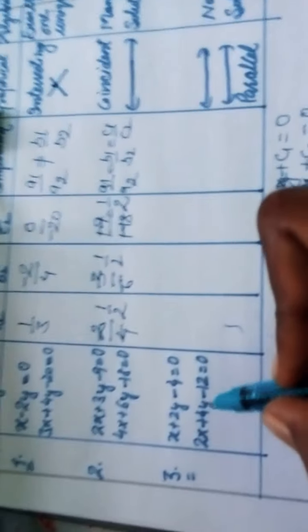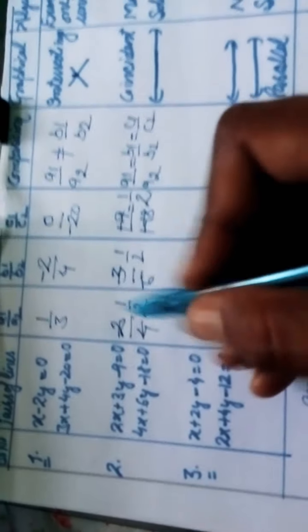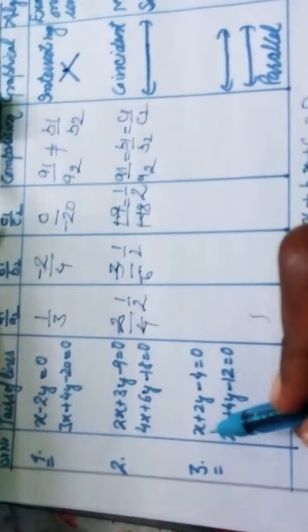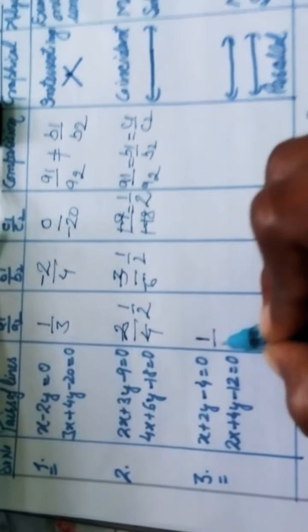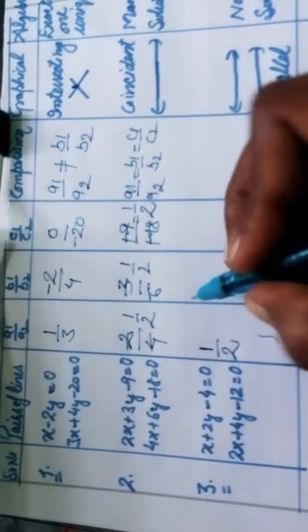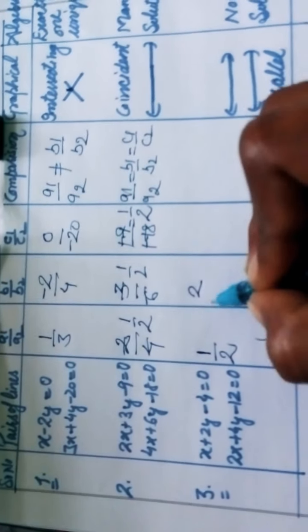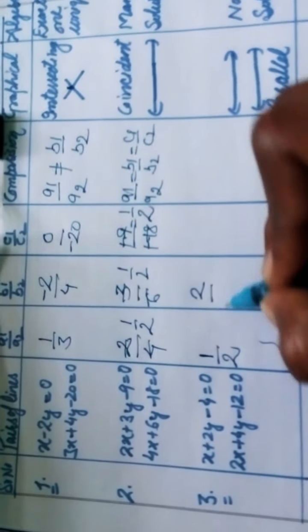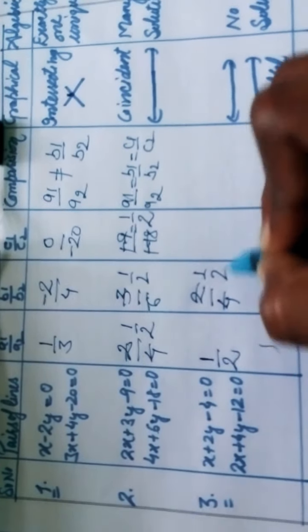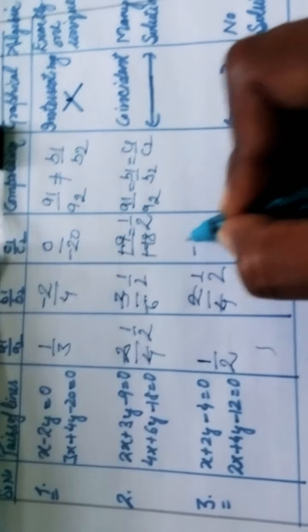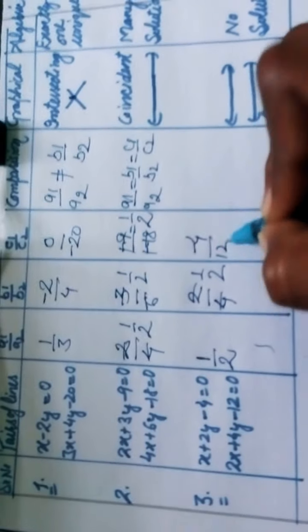Now let us move towards the third. Just compare the ratio. Here you can see that A1 is 1 and A2 is 2, so I'm writing this, and B1 is 2 and B2 is 4, so I can write this 1 by 2. And let me take minus 4 upon minus 12.